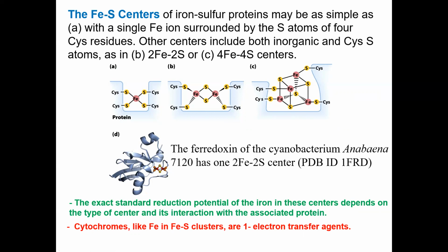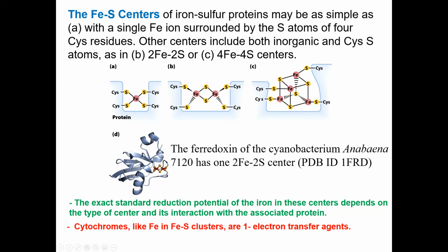So this is a standard 1 iron and 0 sulfur system, if you want to call it that. In B, you have 2 iron atoms coordinated with 2 inorganic sulfurs right here in the center, and then each iron is coordinated to 2 cysteine residues, organic sulfur.